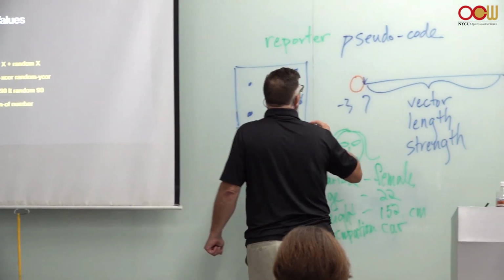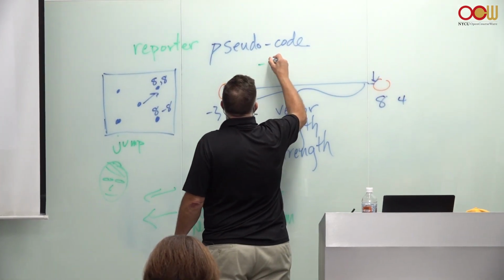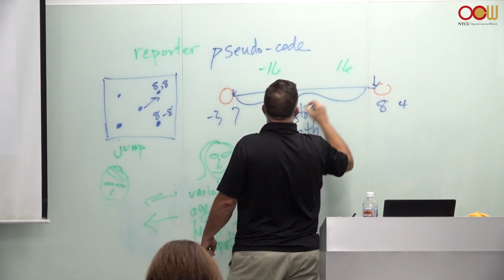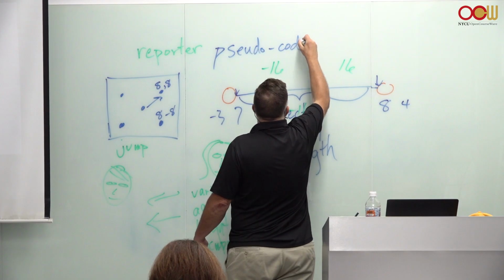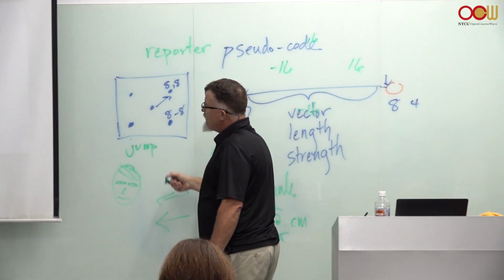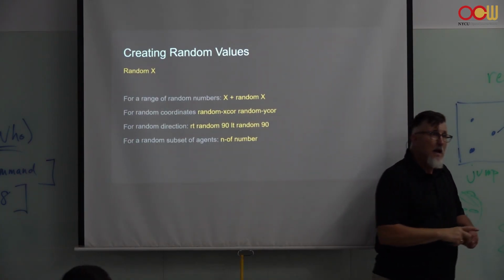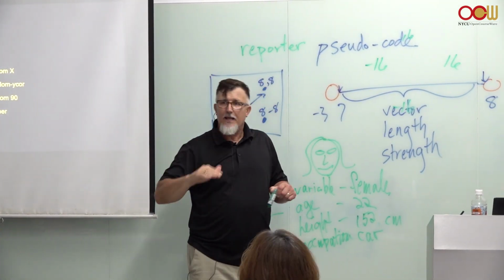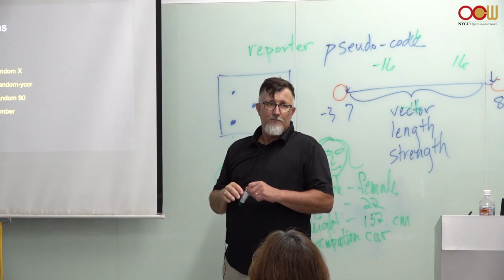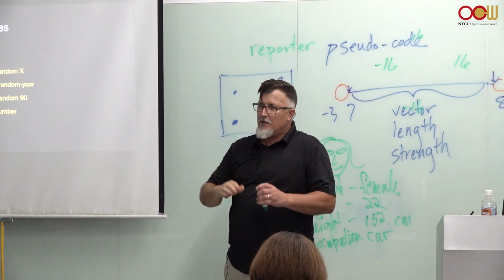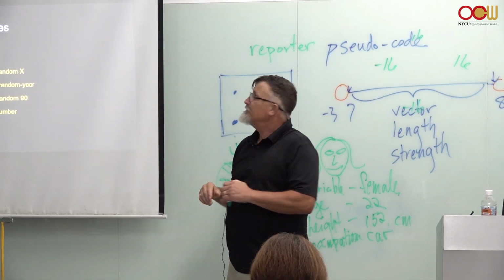Remember, the default size is -16 to 16 in both x and y. If you're asking for a random x coordinate, it's going to be a number between -16 and +16. It can't jump out of the world that you've built for it.